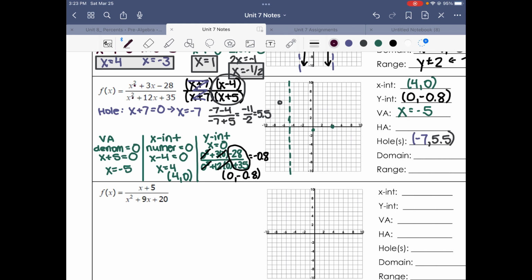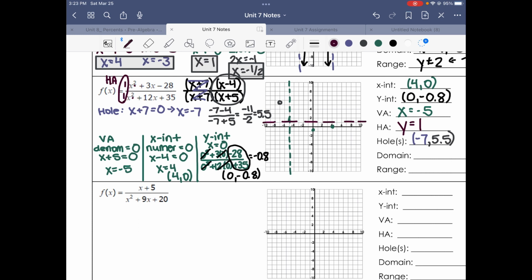It is the same like it was on the last problem. And when it is the same, your horizontal asymptote is the two numbers out front divided. Which there are no numbers, so it's just 1 divided by 1. So y equals 1. Which means you're going to draw a horizontal line up 1.